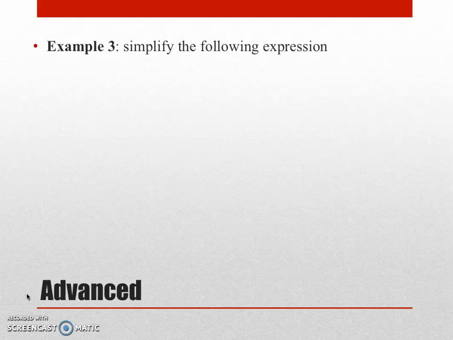Now let's look at an example with division. In the numerator we have 4a cubed b squared c squared, and in the denominator we have 2a squared b cubed c squared. For the constants, we just divide them.